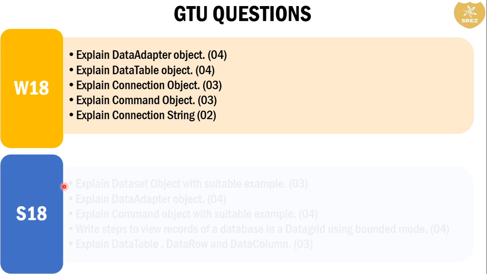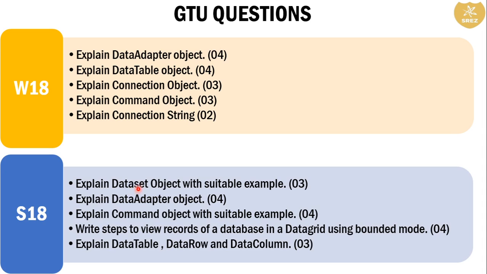Summer 2018 again, they asked about data set object with suitable example, 3 marks. This will repeat in summer 19. We have seen data adapter object: explain data adapter object in 4 marks, repeatedly asked. Explain command object.